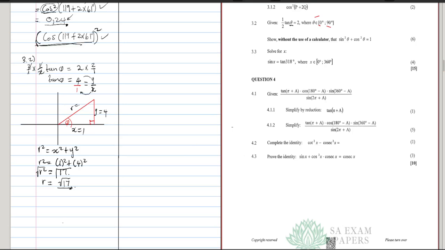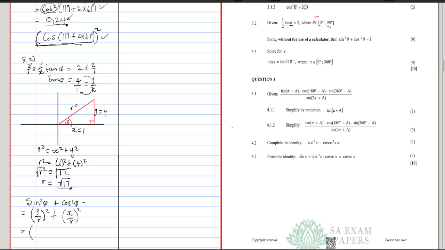Now then, it's time to calculate what? Sine squared theta plus cos squared theta. So I'm just going to say this equals sine, based on SOHCAHTOA and that triangle. Sine is opposite over hypotenuse, so it's y over r, squared, plus cos, which is x over r, squared, like this.